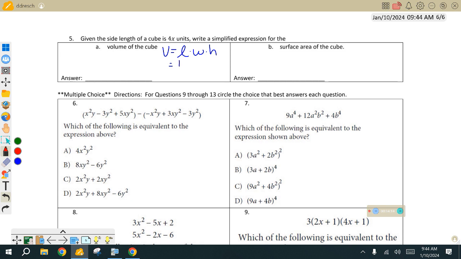So 4x times 4x is 16x squared, right? So going back to a square, 4x times 4x is 16x squared. That is the area of the base, we say.